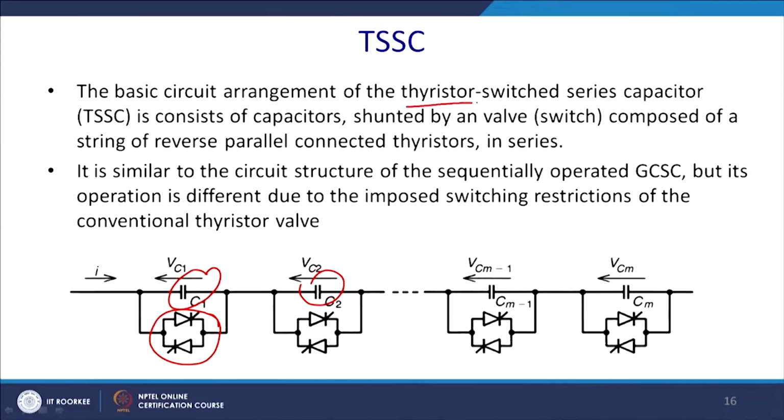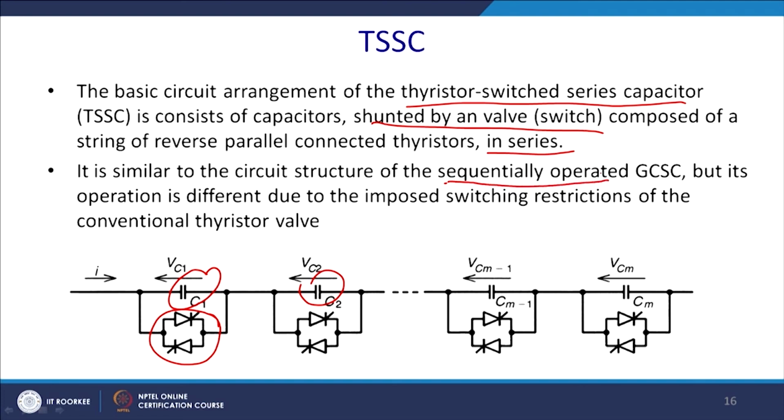The basic circuit arrangement of the thyristor switched series capacitor, that is TSSC, consists of a capacitor shunted by a valve composed of a string of reverse parallel connected thyristors in series. It is similar in structure to the GCSC.